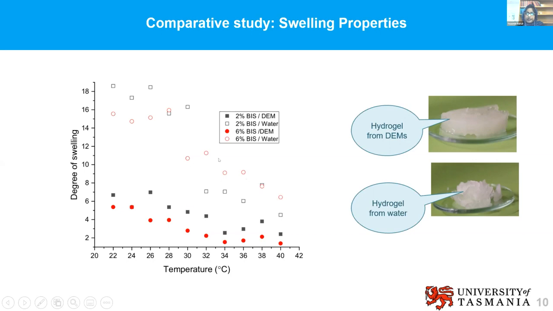The reason behind this, we later found, is that the hydrogel prepared in deep eutectic monomer is highly cross-linked, and the one prepared in water is not that much cross-linked. Both of them showed swelling to deswelling behavior when I heated them from 22 to 40 degrees centigrade, and both of them have an LCST over 30 degrees centigrade.